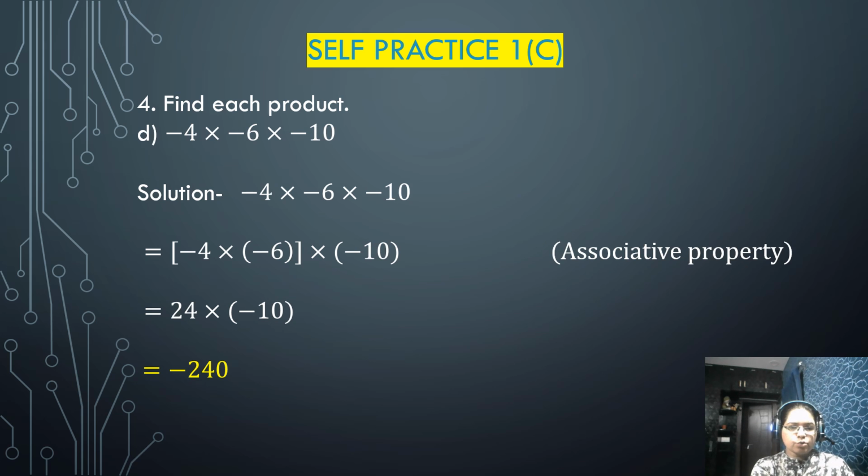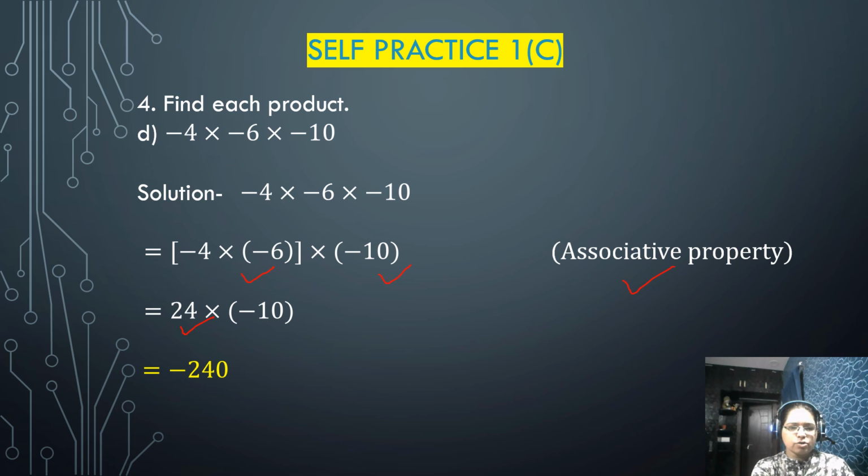Now D, minus 4 multiplied with minus 6 multiplied with minus 10. First we multiply minus 4 with minus 6, then we multiply the product with minus 10, and this is the associative property of integers. Minus 4 multiplied with minus 6, we get 24, as both are negative integers.